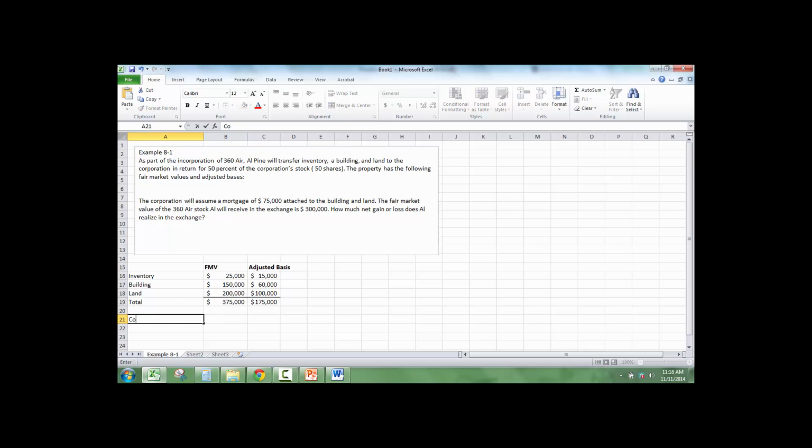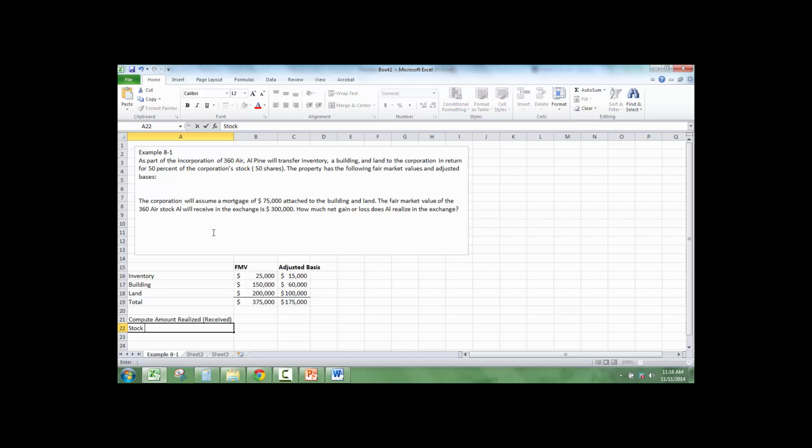So first we must compute amount realized or received. So stock received, fair market value, and they told us in the problem it was $300,000.